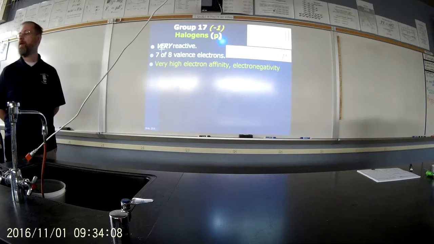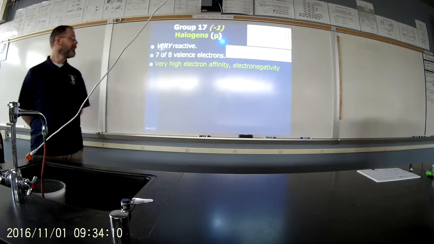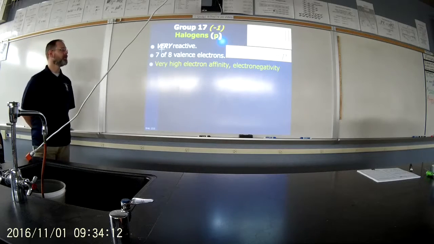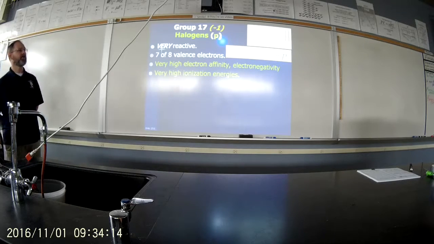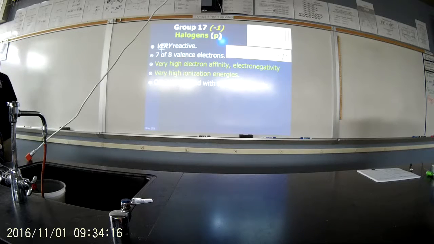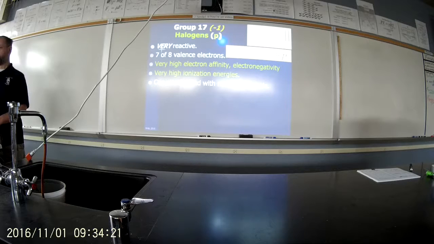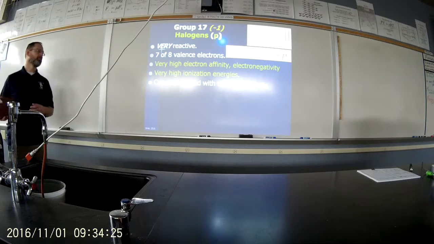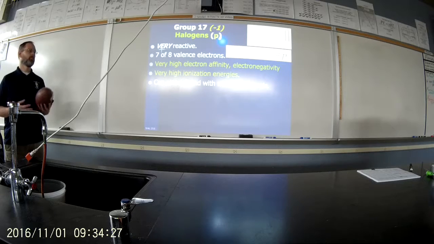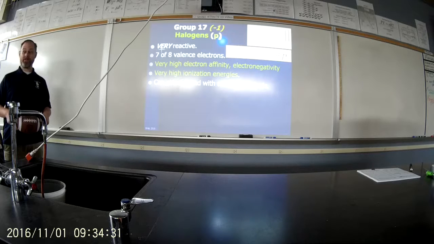Because they have almost completed their octet, they have a very high electron affinity, very high ionization energies, and they can attack and bond almost anything. Fluorine can attack glass. Scary.